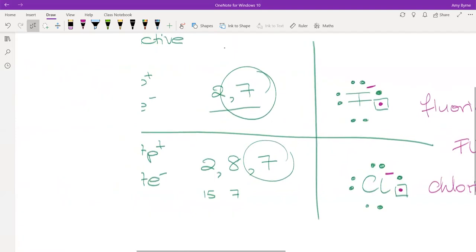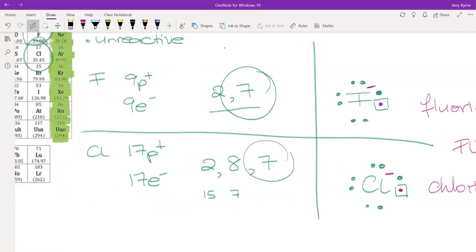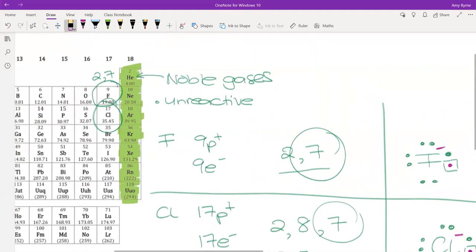Hopefully you see that the way these two elements reacted is really similar. Both of them needed to gain 1 electron in order to get that full outer shell. So fluorine and chlorine, and in fact this whole row of elements here, react in really similar ways.